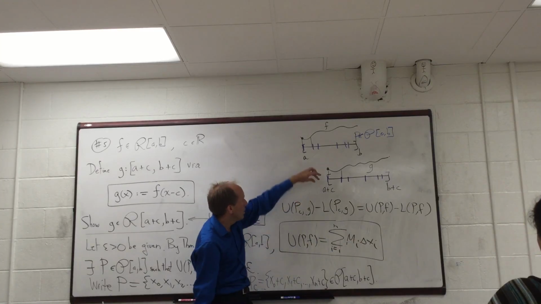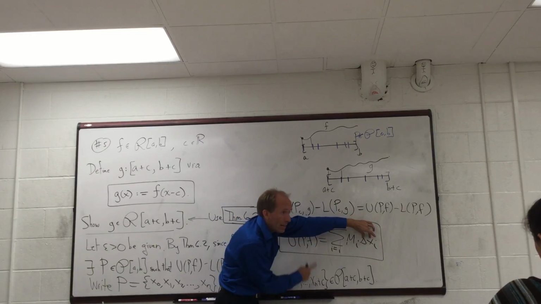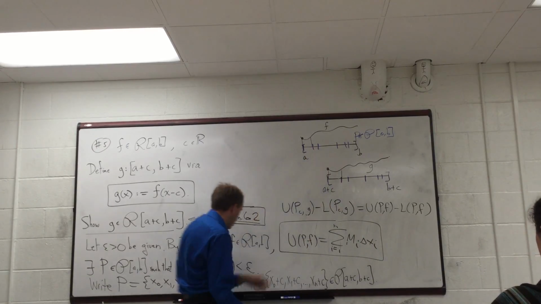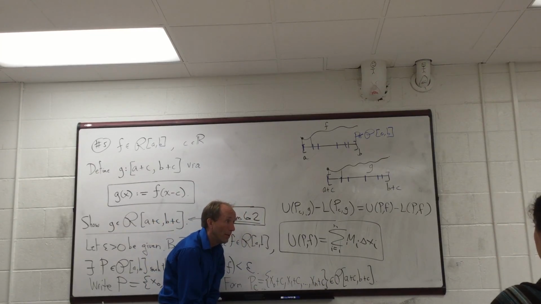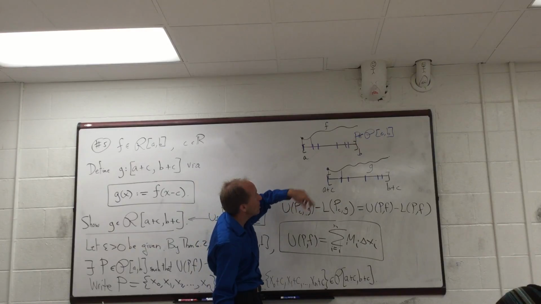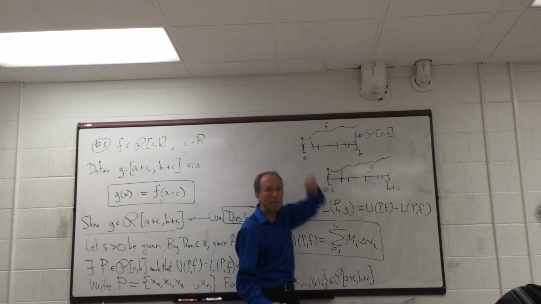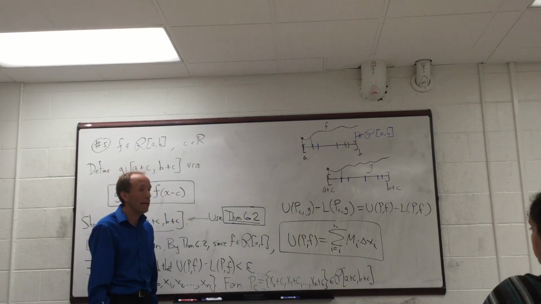When I switch to the UP sub c of g, the delta xi's don't change. The widths of each subinterval don't change because all you've done is add c to every point in the partition. And the capital M's are not changing because the functions are the same. On each subinterval, the maximum height, the supremum values and infimum values, stay the same.